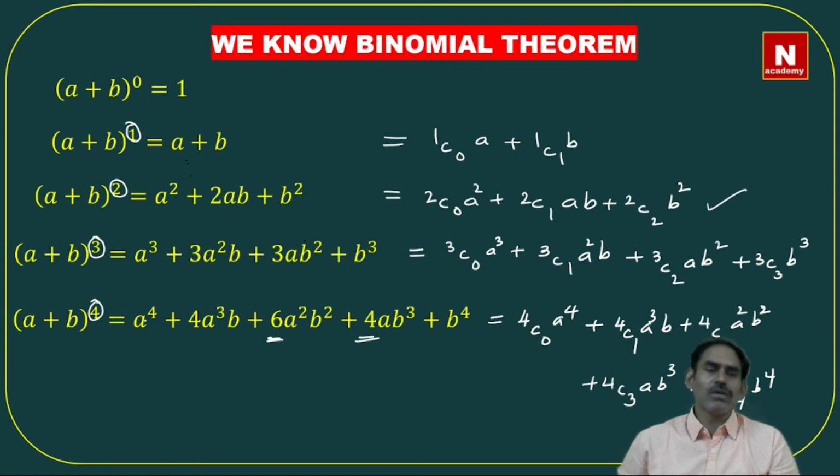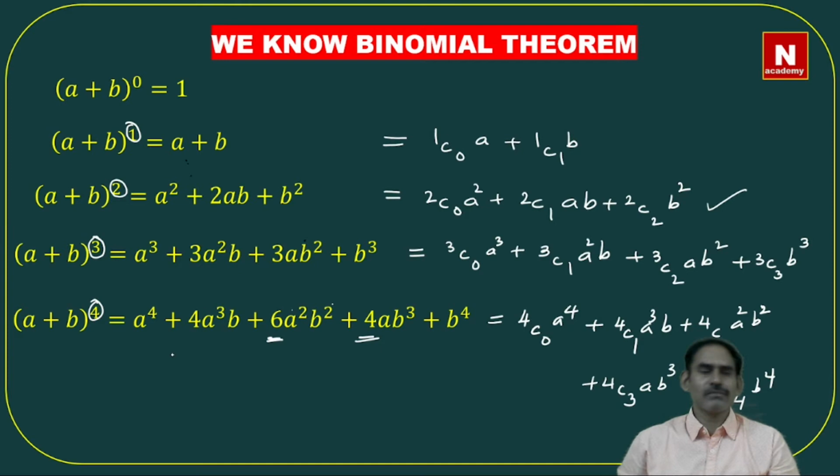Also, if you observe all the terms here, the sum of the indices of each term equals the given index. 3 plus 1, 4. 2 plus 2, 4. 1 plus 3, 4.